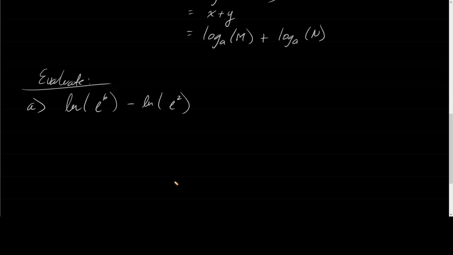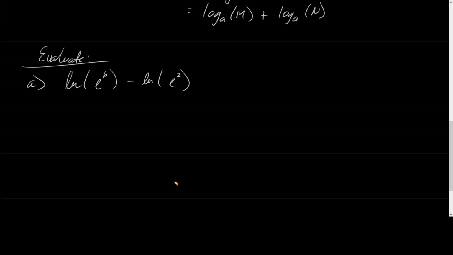There are two ways we can go about this. First, because of the quotient rule, I can rewrite this as ln of e to the sixth over e squared, which would then reduce to ln of e to the fourth, and by the inverse property, that's equal to just 4, because ln and the e cancel each other out.